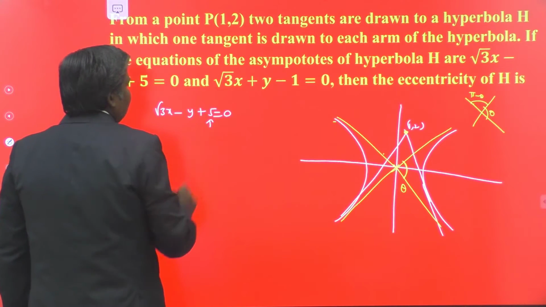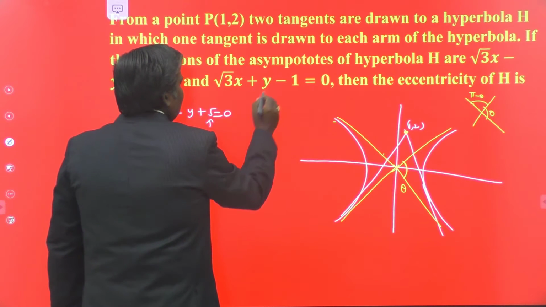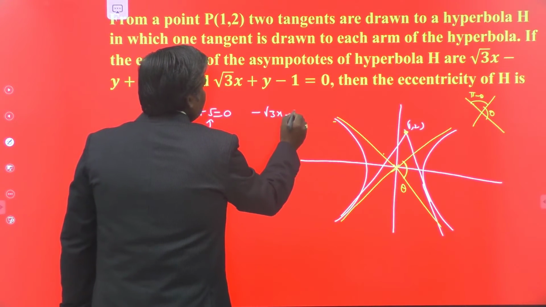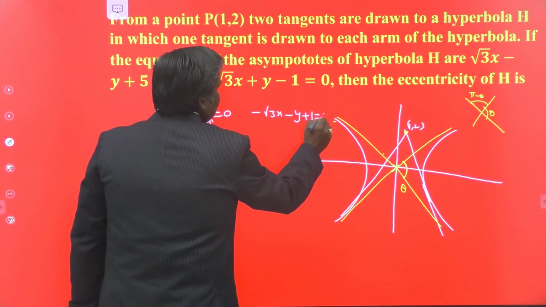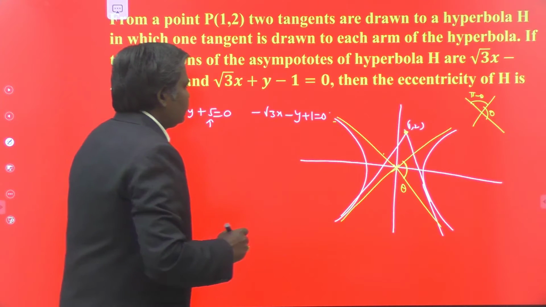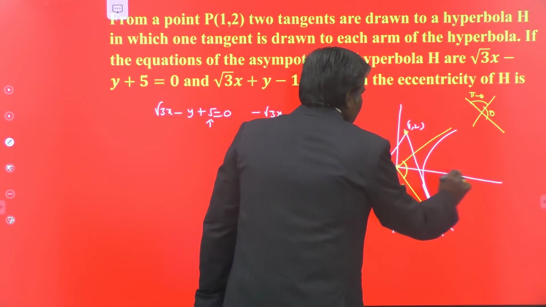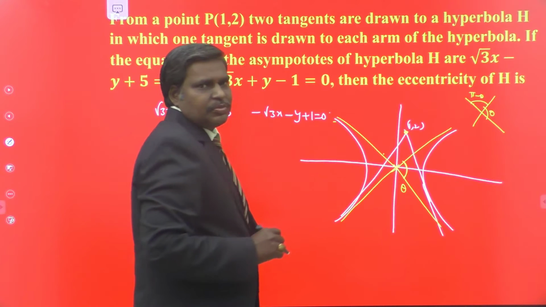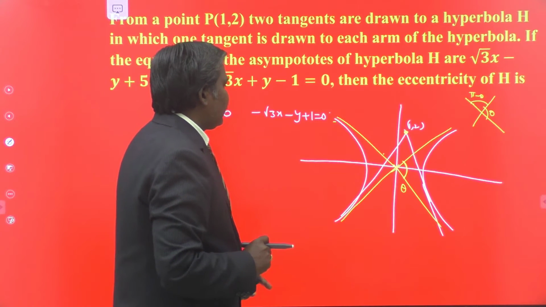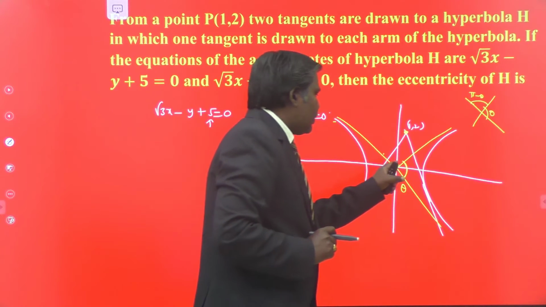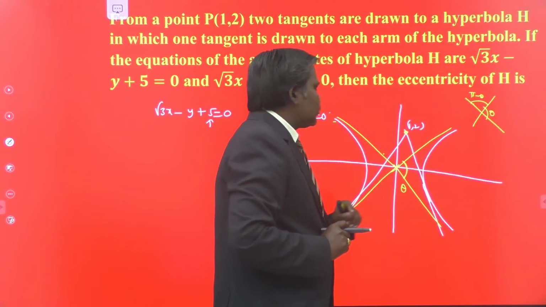It has a positive constant, and we make this constant also positive: root 3x minus y plus 1 equals 0. Now this is the angular bisector of the asymptotes. This is another angular bisector of the asymptotes. Now we have to find the angle between these two, which may be an acute angle or an obtuse angle.